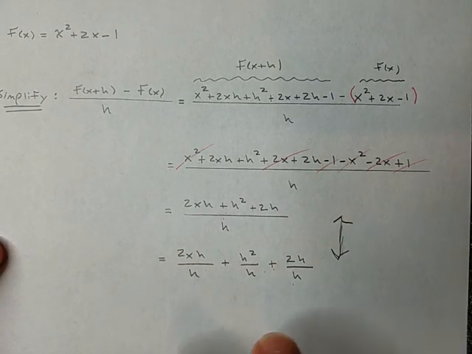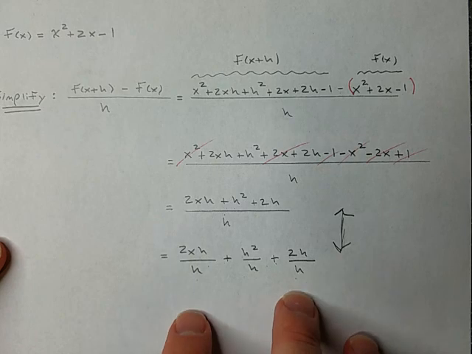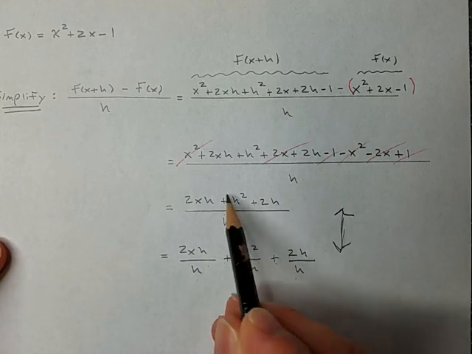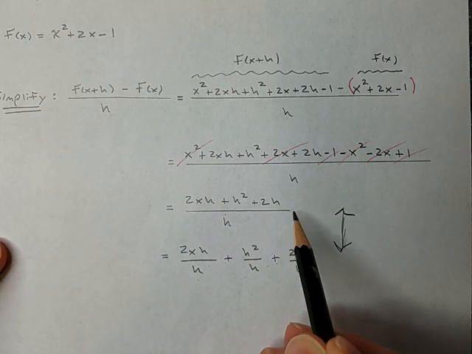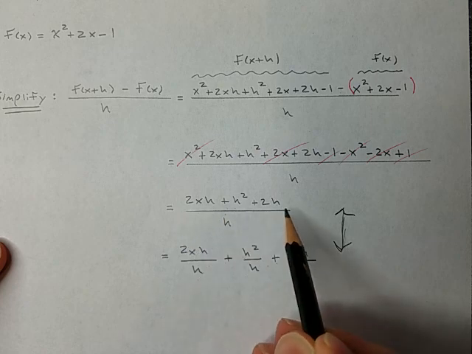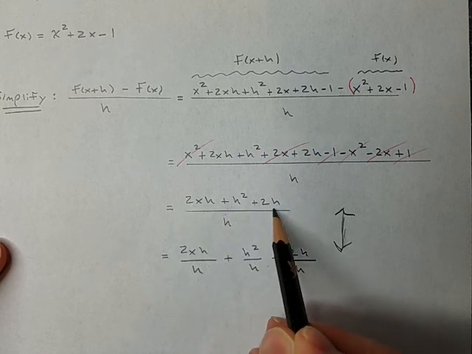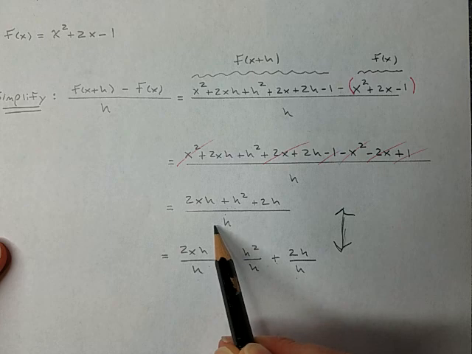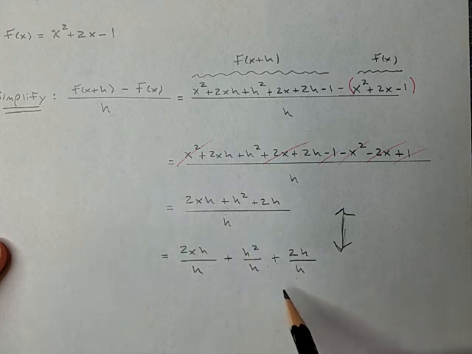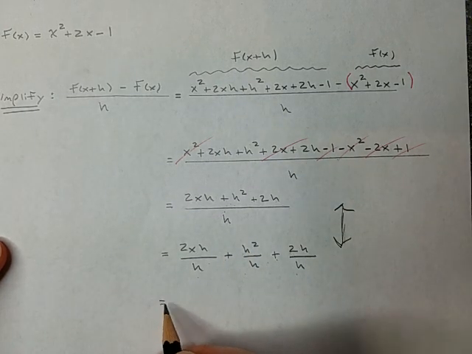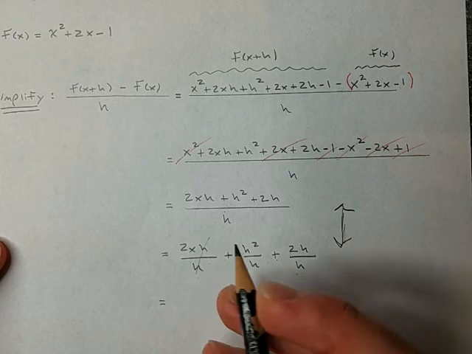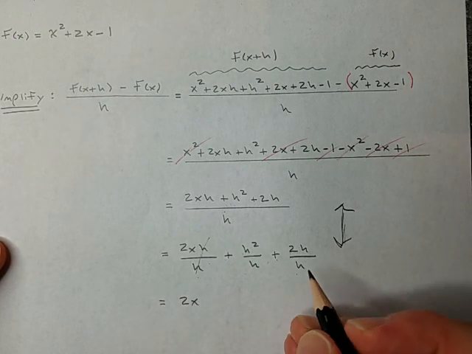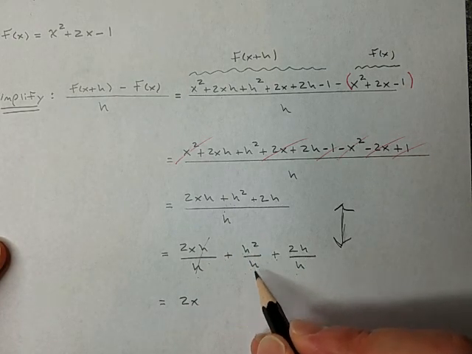Now, I'll show you it that way so you realize that what this means, that bar right there going all the way across, means that each term there gets divided individually by h. Okay? Now, one at a time, we see that the h cancels there, and I'm going to get 2x. And what's h squared divided by h?